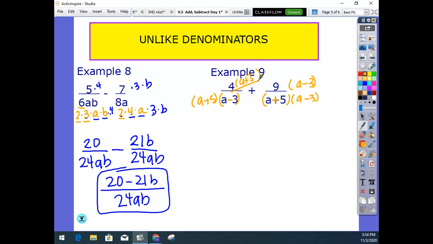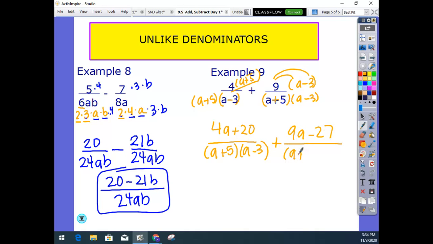Now we need to distribute the top. You never need to distribute the bottom though. Distribute the top. Our goal is always to have a common denominator when we get done. If you don't, then you got to go back and start over.